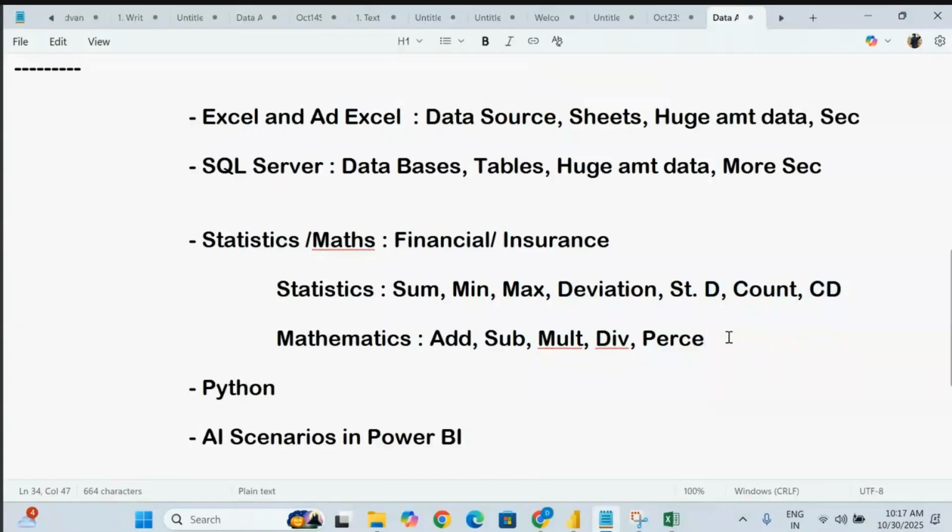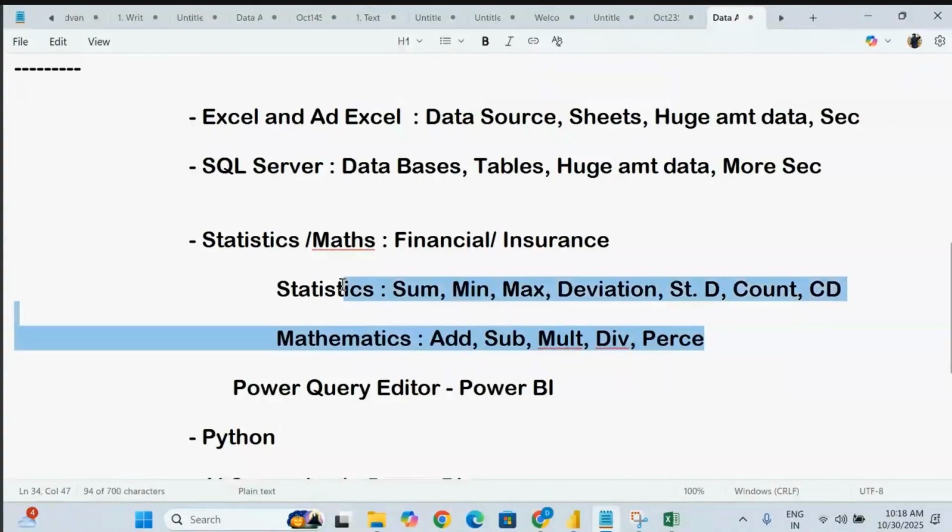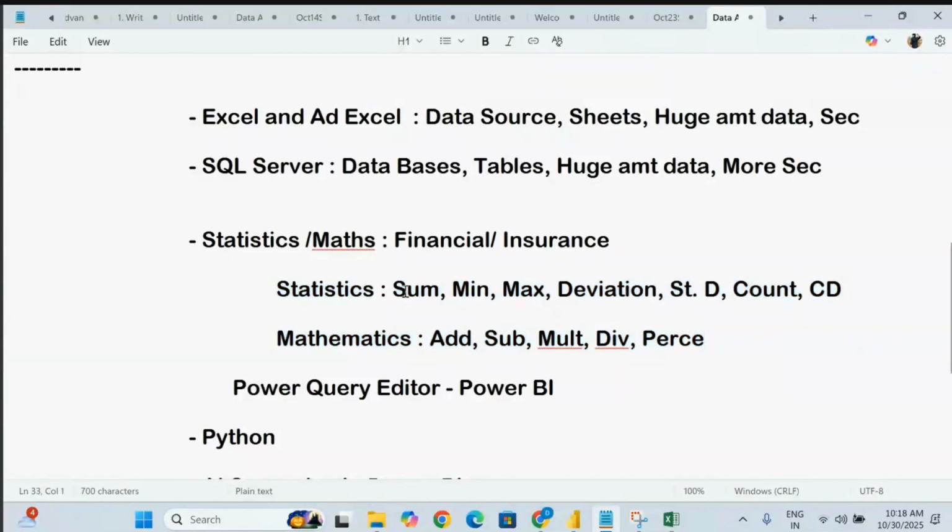Because in your Power BI, there is one module called the Power Query Editor, integrated with Power BI. So you don't need to study them separately. There will be a sum option; you click on sum and you get that amount. There is a deviation option; you click on it and you get the result.